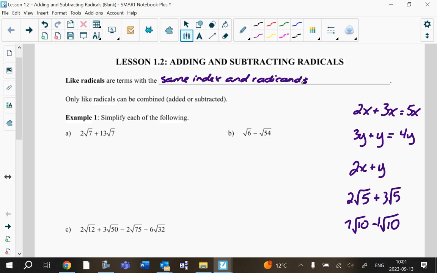Sorry, I'll just put indexes. Same indexes and radicands. So for example, 2 root 5, 3 root 5, they are like. 3 root 7, comma 4 root 2 are not like.